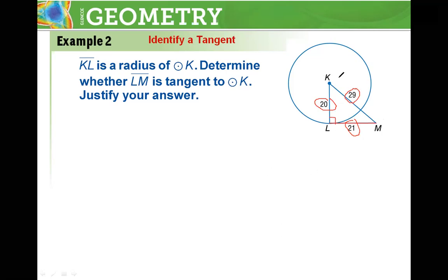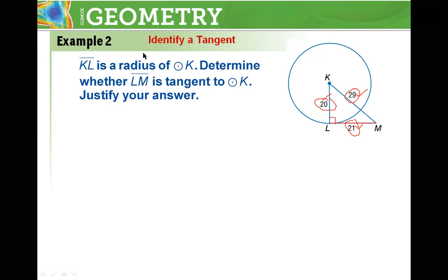The triangle is right if 29 squared equals 20 squared plus 21 squared. We calculate both, and if they are equal, it's a right angle, so this angle is 90 and LM is a tangent.